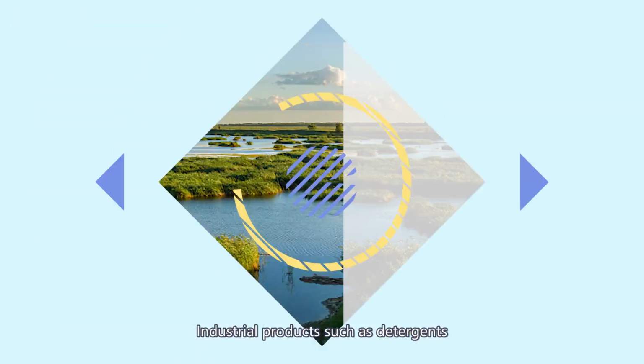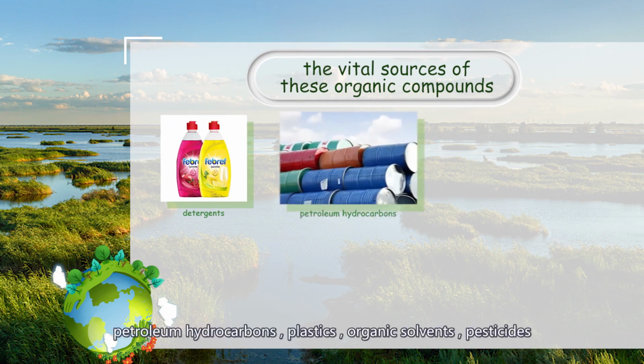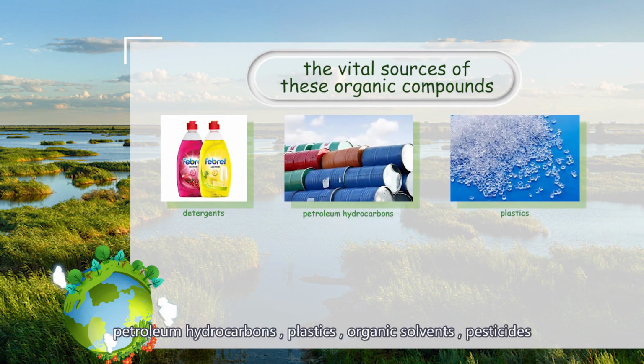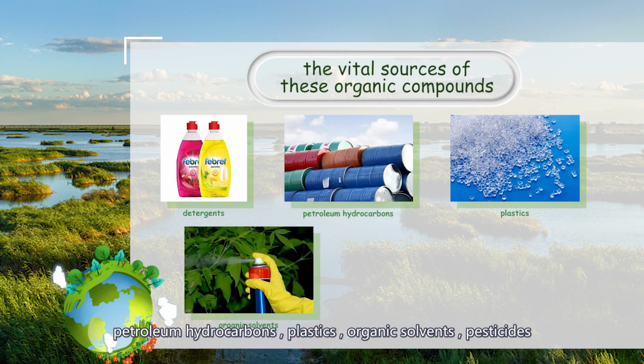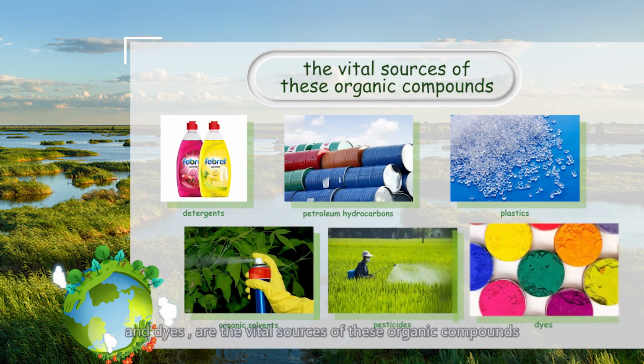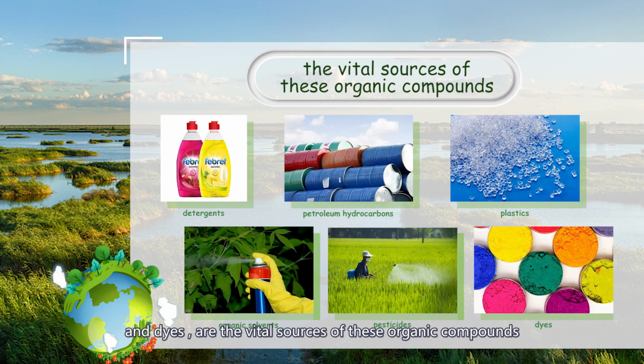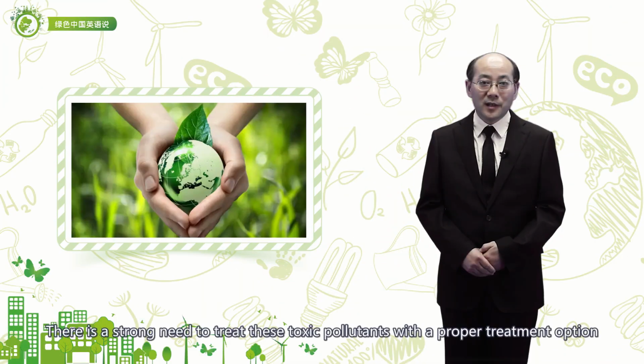Industrial products such as detergents, petroleum hydrocarbons, plastics, organic solvents, pesticides, and dyes are vital sources of these organic compounds. There is a strong need to treat the toxic pollutants with a proper treatment option.